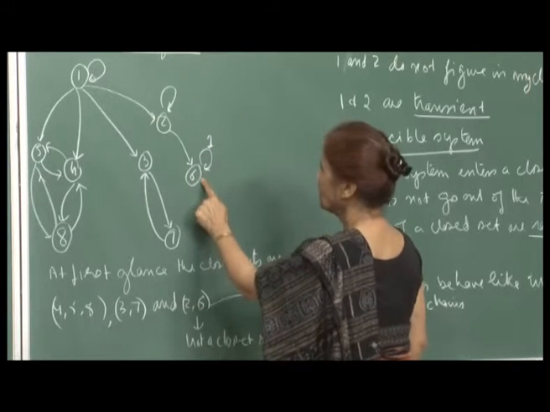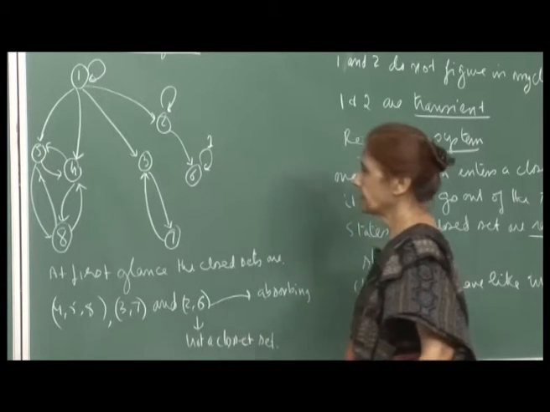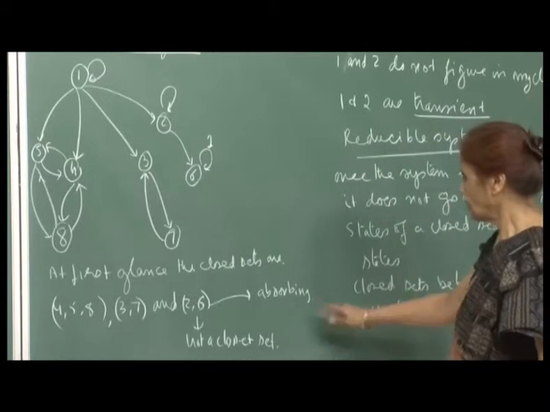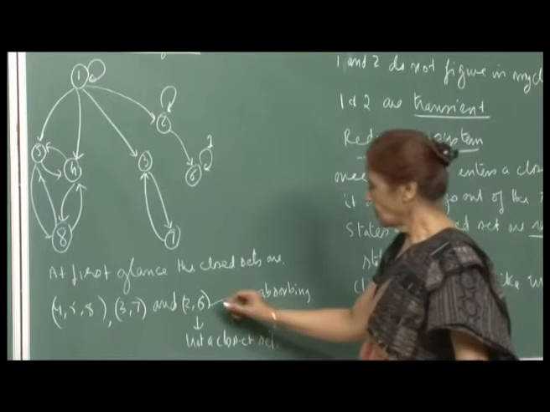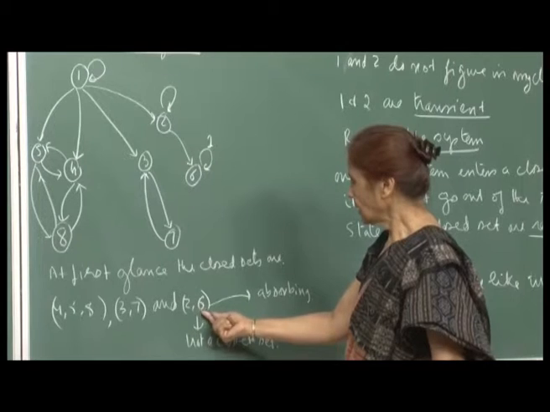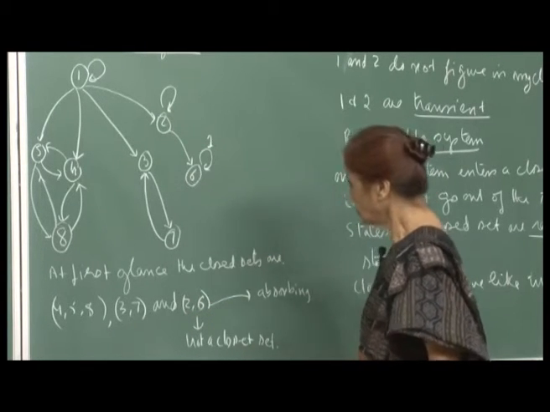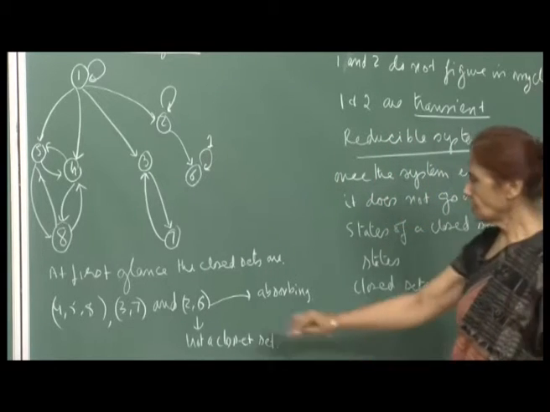So, this is a certain event. That means once the system comes to state 6, it just stays there, and so 6 is an absorbing state. This is not a closed set, because for a closed set 2 and 6 should communicate. There is an arc from 2 to 6, but there is no arc from 6 to 2. So, this is not a closed set.